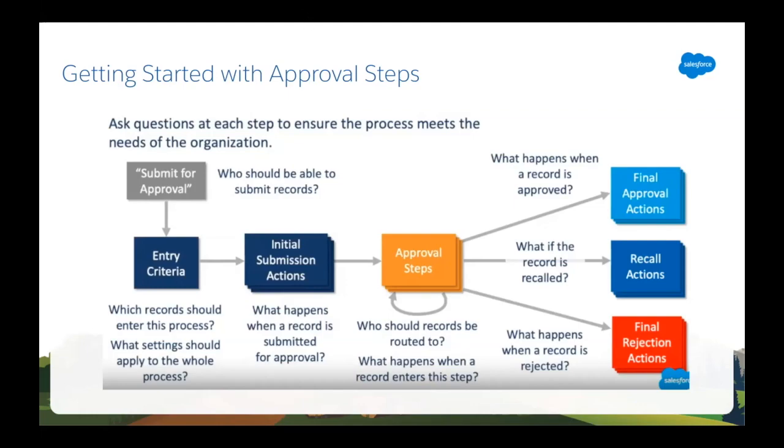Hold on one second, folks. Alrighty, sorry about that. So then the last section is the final rejection actions. So what happens if the person who's approving these records doesn't want it to be approved, basically rejected.